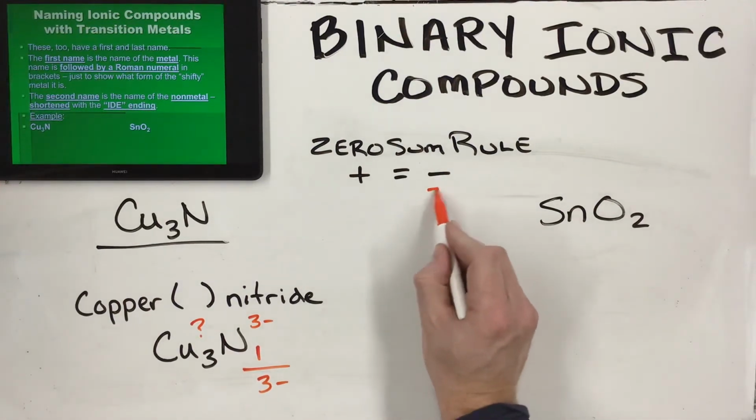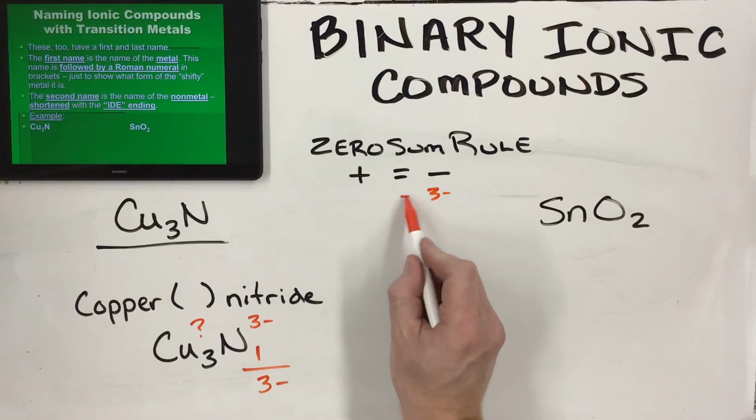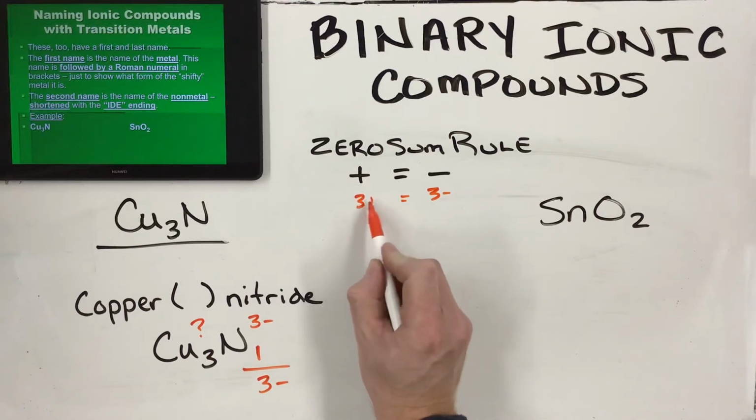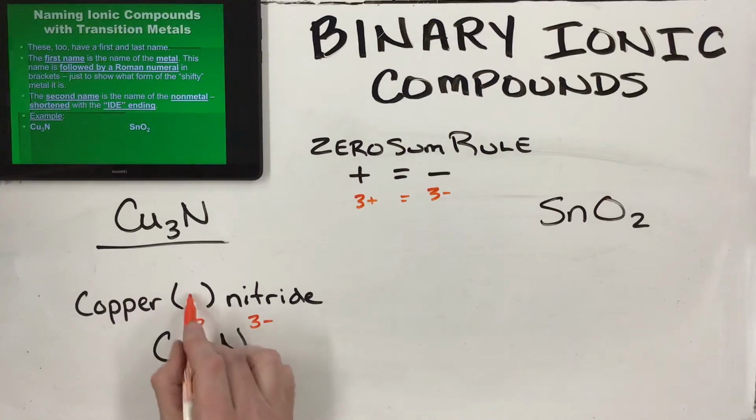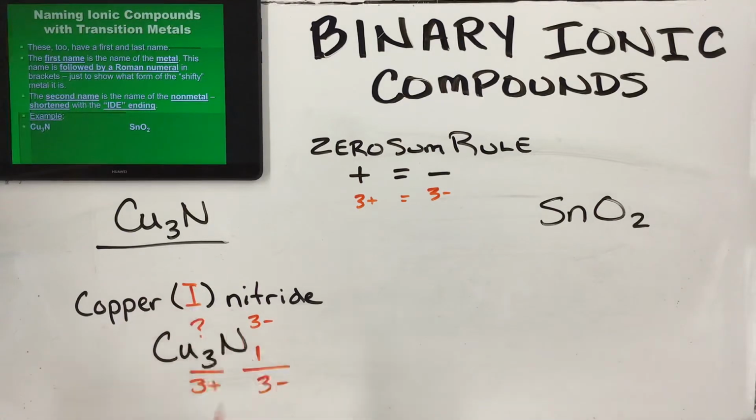So if I have a 3 minus here, it has to be equal to 3 plus on the other side. So on this side, when I multiply these, it has to equal 3 plus. Well, 3 times what is going to give me 3? Well, it's going to be 1. And so it's copper 1 nitride. All right?